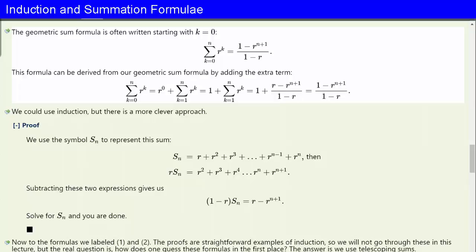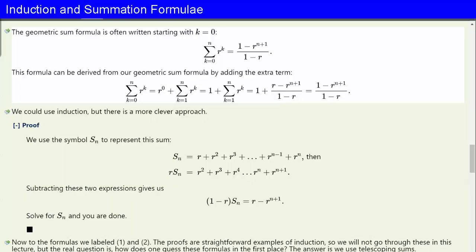R to the 0 by definition is 1, so you have 1 plus summation k equal 1 to n of r to the k. And that's 1 plus, by our formula, r minus r to the n plus 1 divided by 1 minus r, and you clean that up and you get the formula that we want.